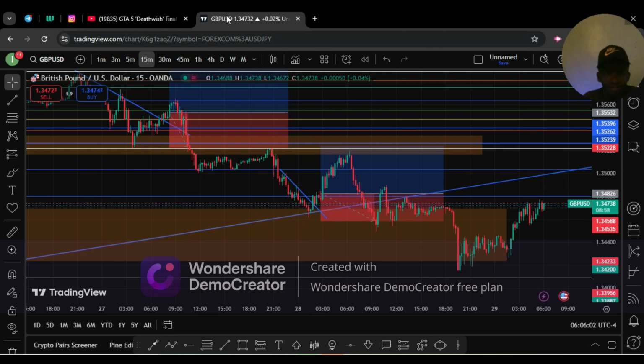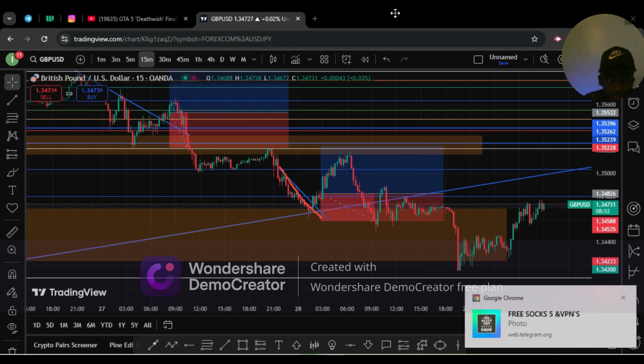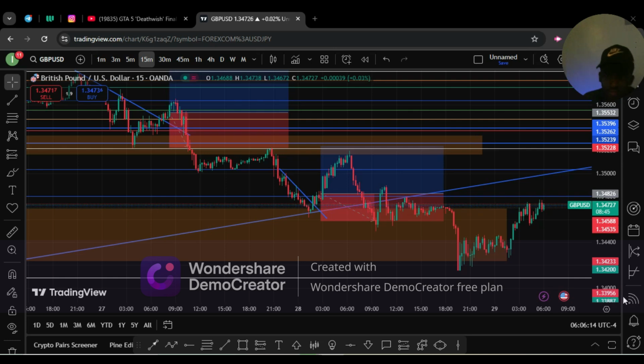It's not so much visible on the 15 minutes time frame, but this blue trend line was a break. This was the retest right here, guys. Then I took an entry once I saw that price is going up. Took that trade.